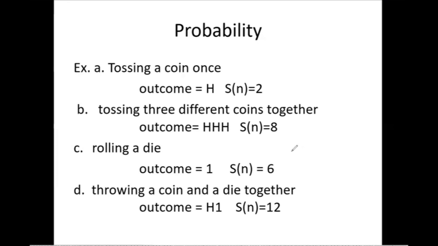Kasi dun sa ating coin ay merong 2 na sample space, at pagdating naman dun sa die ay meron tayong 6 spaces. Yan. So, kaya pag kinuha natin yung fundamental counting, 2 times 6, that is 12. So 12 yung ating sample space. So experiment ay throwing a coin and a die together.